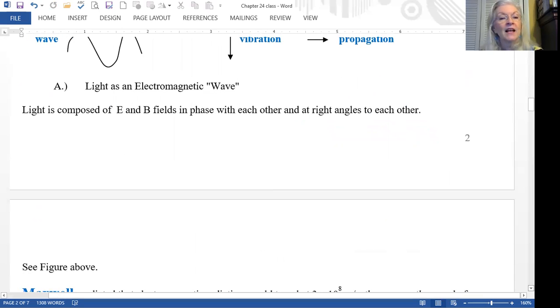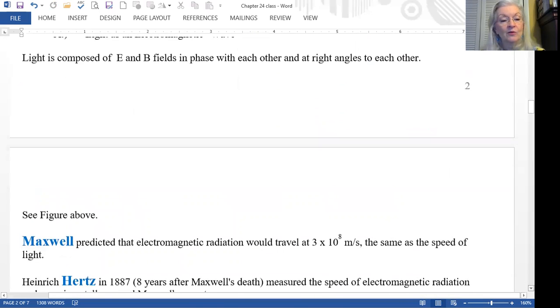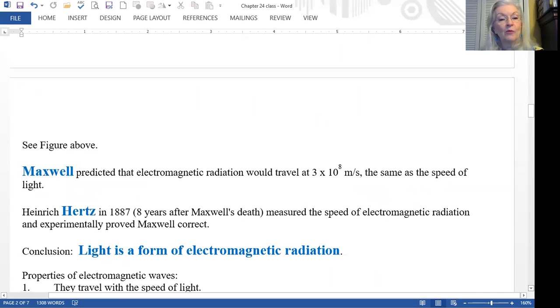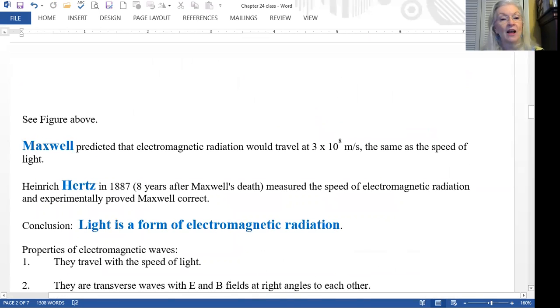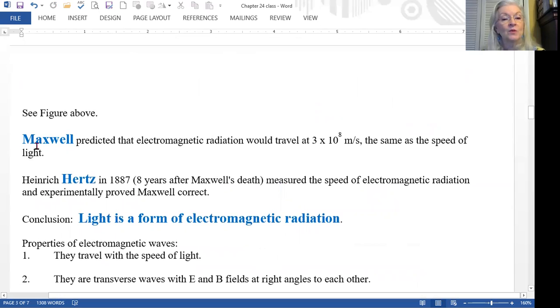So we've already said that light is composed of electric and magnetic fields in phase with each other and at right angles to each other. We can describe light as acting like a wave. Remember, these are just descriptions. They help us to understand natural phenomena. So Maxwell was the one that predicted that the electromagnetic radiation would travel at 3 times 10 to the 8th meters per second.